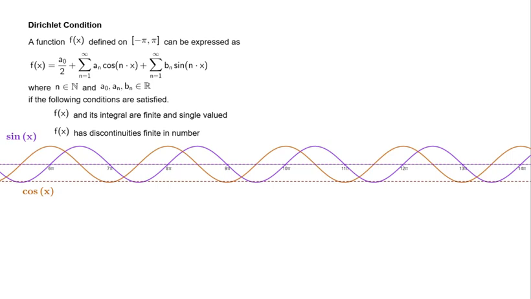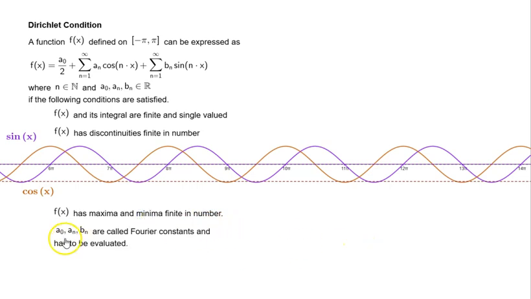And finally, f of x has maxima and minima finite in number. Now here a naught, a n and b n are called Fourier constants and have to be evaluated.